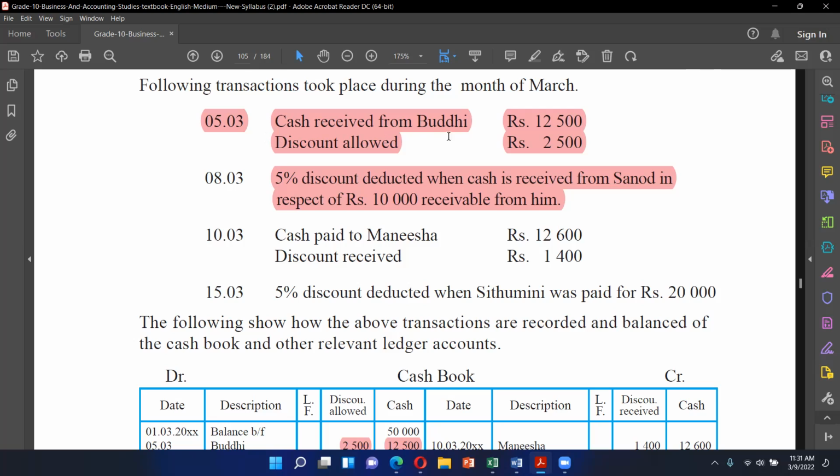The first question, they gave discount separately. Second question, they gave the percentage of discount. So out of the total outstanding amount, you have to calculate the discount and record it separately. Anyone has a doubt?